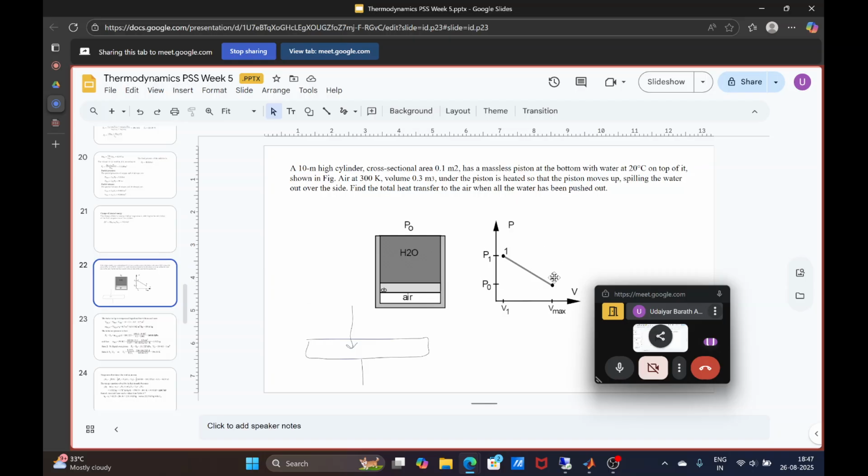This is what it looks like. Initially it will be at pressure P1 because of the total weight of the water exerted on the air, and the pressure will keep on reducing since the mass is reducing, and it will reach pressure P2 when the air occupies the total volume of the cylinder, which is Vmax.